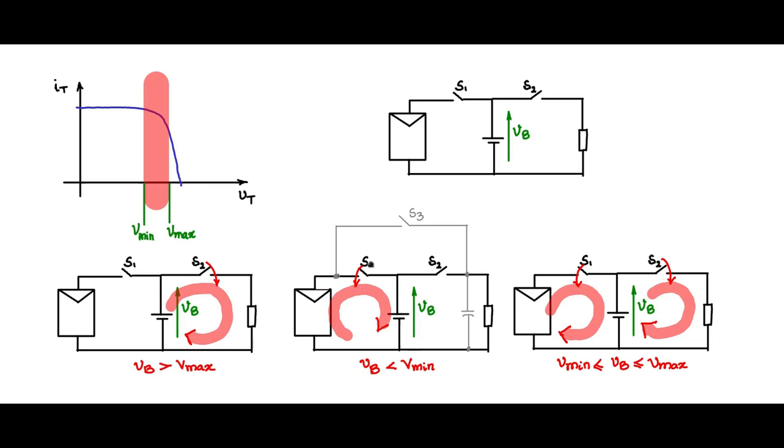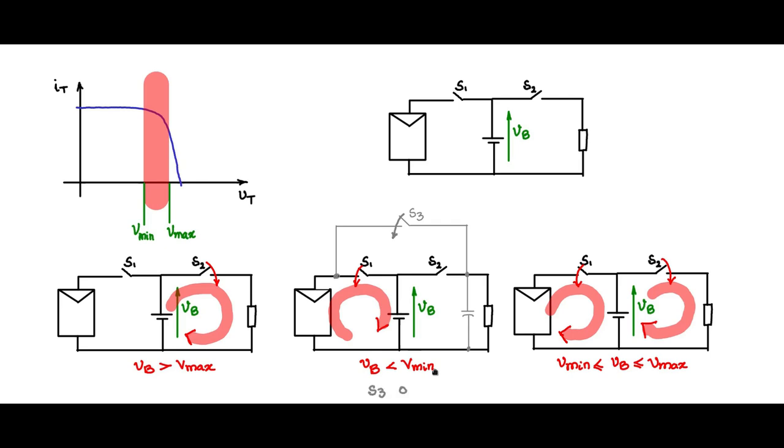S1 is a unidirectional switch. There can be current flow only in this direction, not in the other direction, and PV can supply current and therefore the power to the load during this time. So the condition is that same condition, when VB is less than Vmin, S3 is on.